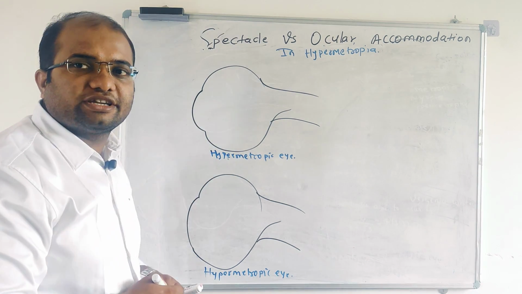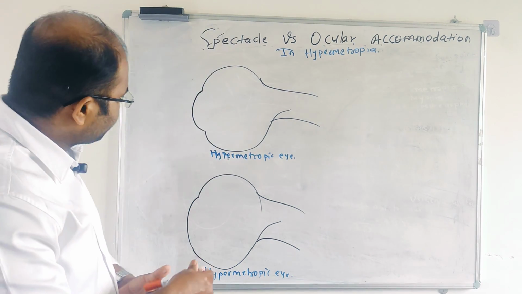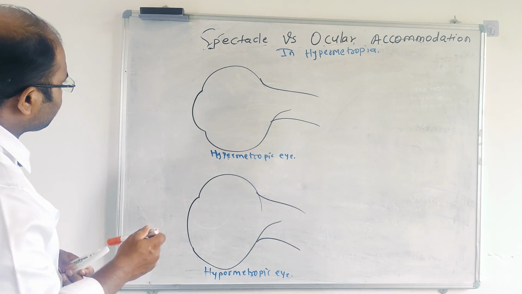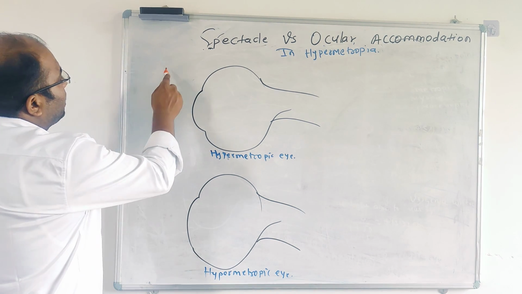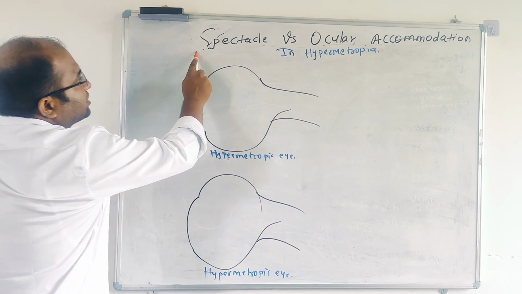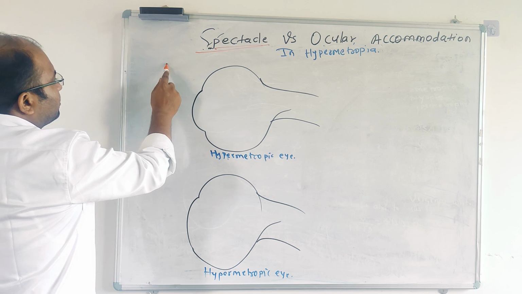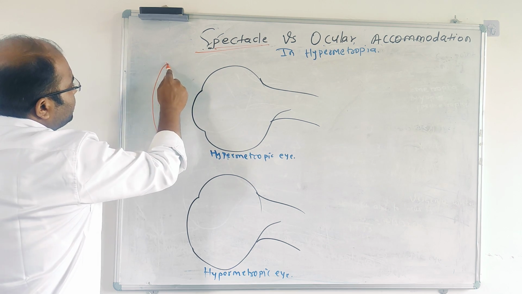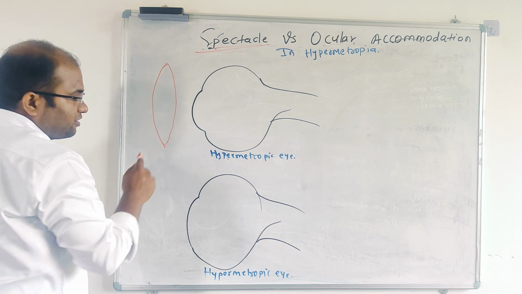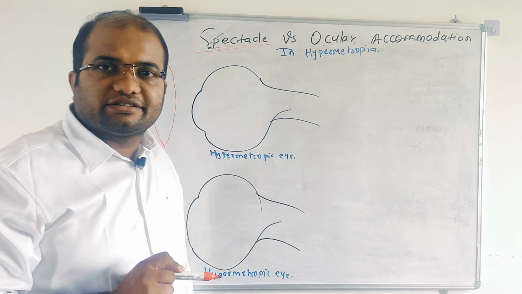Now let's first discuss the spectacle accommodation. In spectacle accommodation, let's assume this hypermetropic eye is corrected with a plus 10 diopter lens, right?